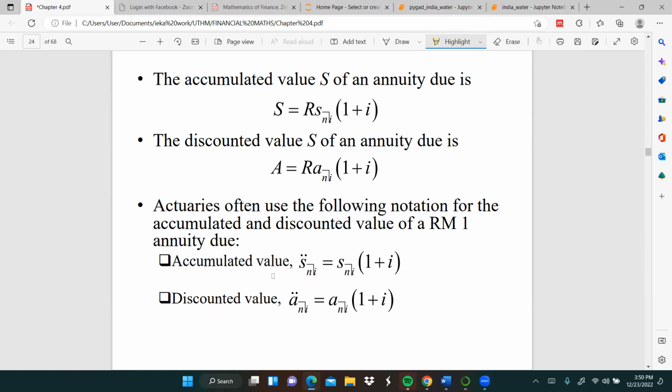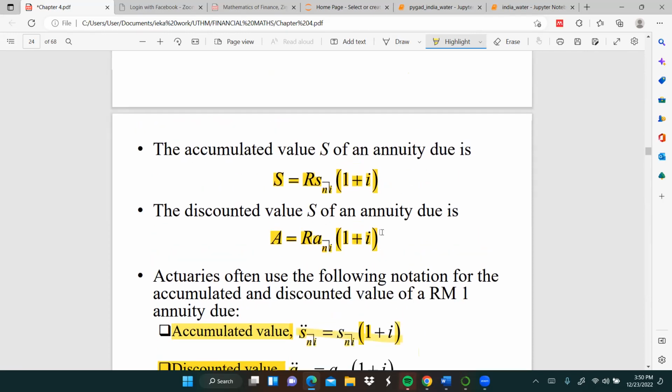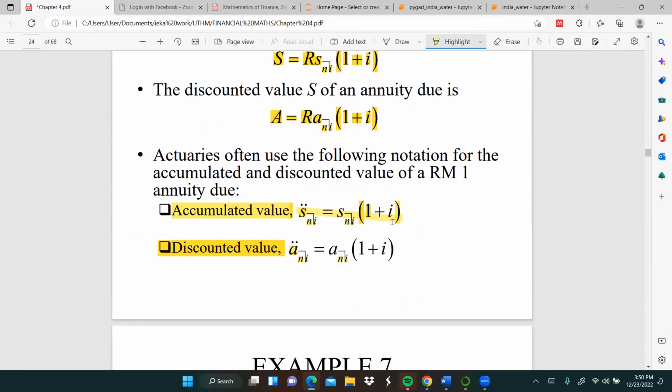So kita boleh gunakan simbol ini juga, simbol yang ada dua titik ni. That is the sign of accumulated value. Apa yang lainnya hanyalah dia tambah dekat belakang tu, dia kena darabkan dengan 1 plus I.